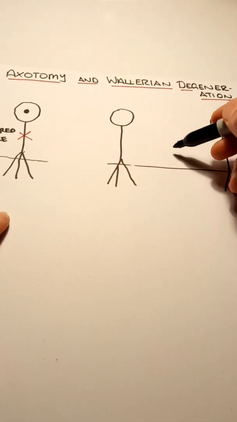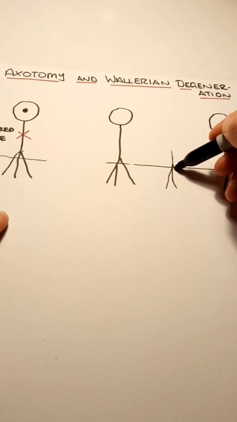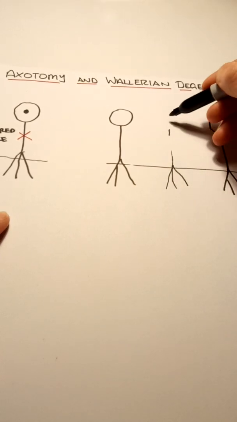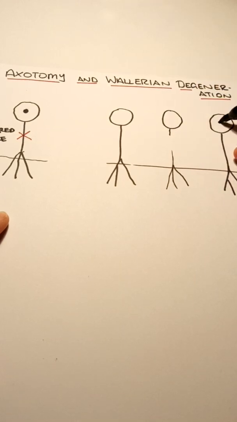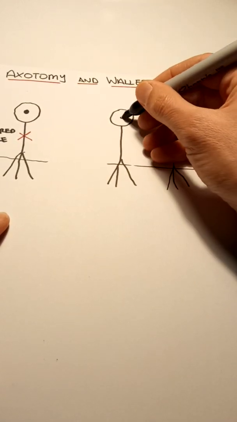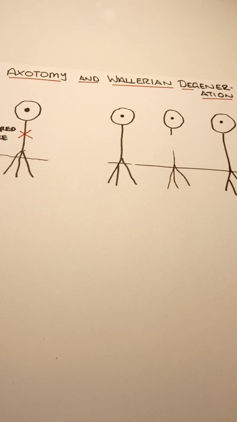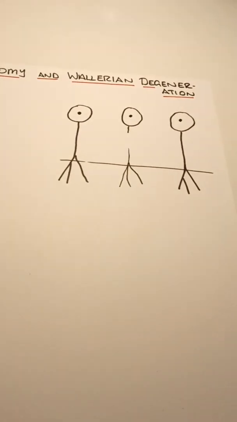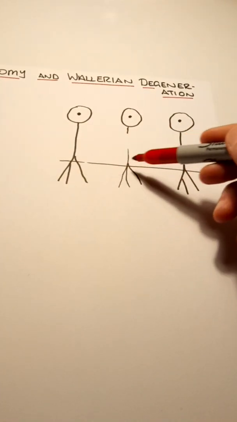And then, so it's been severed. So here's its bottom part, here's its legs, here's its head. They all have nuclei. So there we go. So its friends go, right, we're going to help you out here, because they can see this part needs a bit of help.